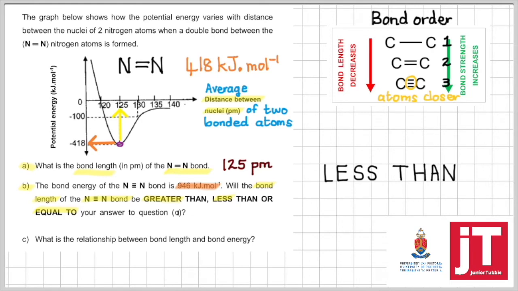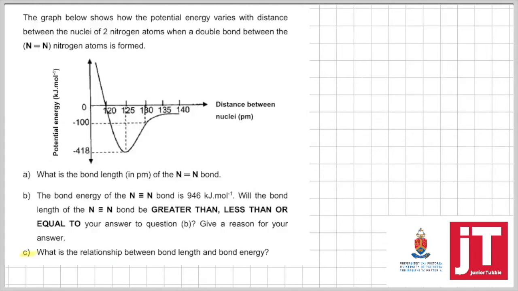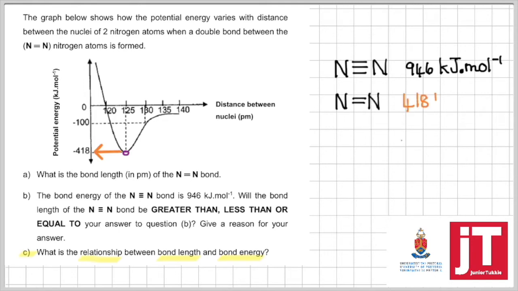We can now move on to question C, which reads, what is the relationship between bond length and bond energy? We already know that the bond energy of the triple bond is 946 kilojoules per mole, while that of the double bond is 418 kilojoules per mole. 946 is the bigger bond energy, but the nitrogen triple bond has a shorter bond length.